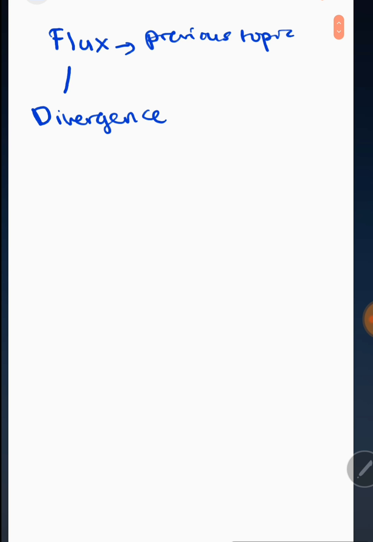Alright, so flux was from the previous topic and it has a lot to do with the topic we discuss today, called the divergence theorem. So basically, what's divergence? Divergence is a local measure of source strength, so basically how strong your vector field is.